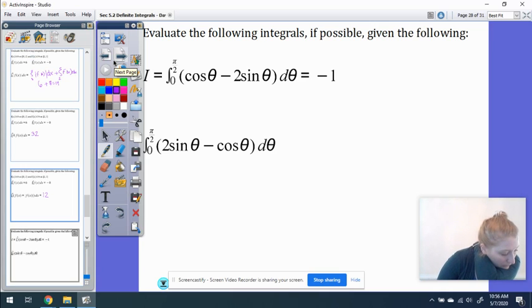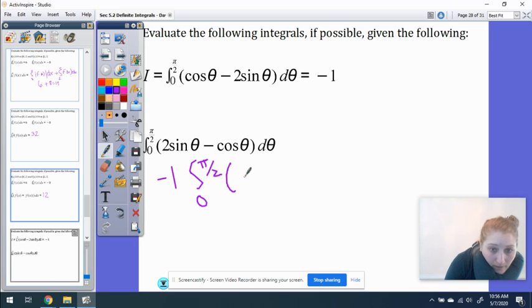So in this case, they are giving me cosine minus 2 sine. So this looks really similar, except my signs are switched, right? So what I could do is take out a negative from here, and then I would be left with a positive cosine theta and a negative 2 sine theta.